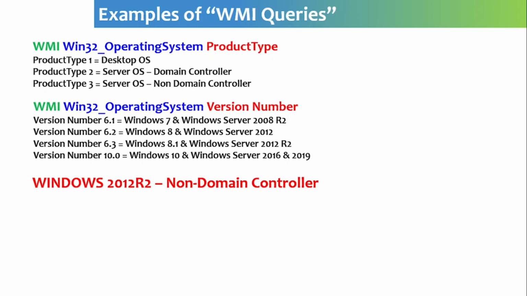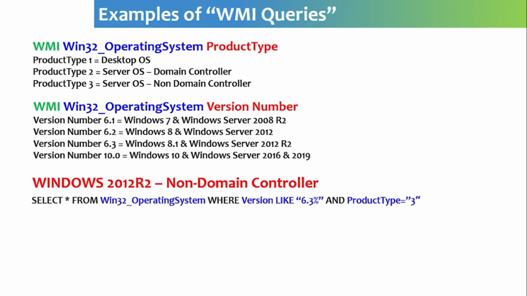Let's say we want to target all Windows Server 2012 R2 non-domain controllers. So it will be select from Win32_OperatingSystem where version like 6.3. 6.3 is Windows 8.1 and Windows Server 2012 R2, and product type is 3. Product type 3 is for non-domain controllers. So we are combining version number and product type.